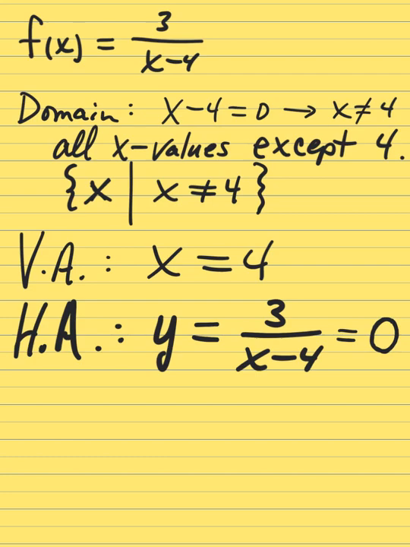If you grab your graphing calculator and put the function in, just type it into your y equals screen. A horizontal asymptote of 0 just means the x-axis. Y is equal to 0.